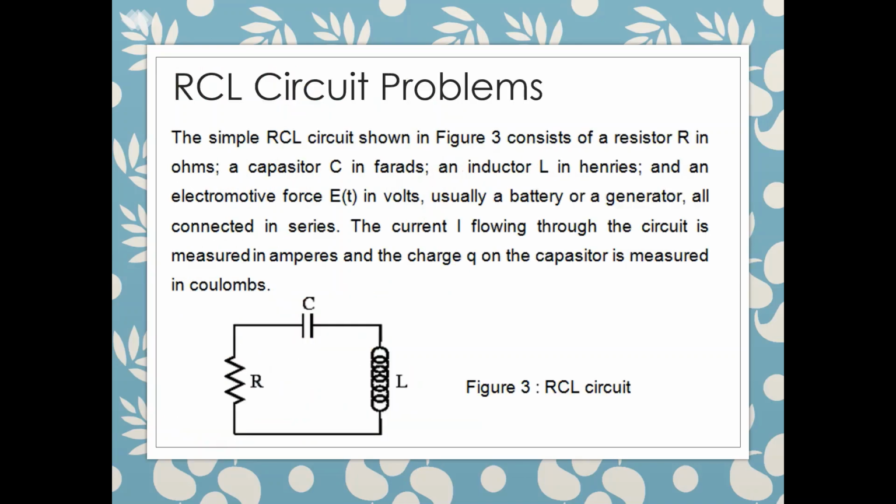Let's proceed with the second application of second-order linear ODE, which is the RCL circuit problem. The simple RCL circuit shown in the following figure consists of four main components, which are resistor R in ohm, capacitor C in farads, inductor L in henries, and electromotive force E in volt.